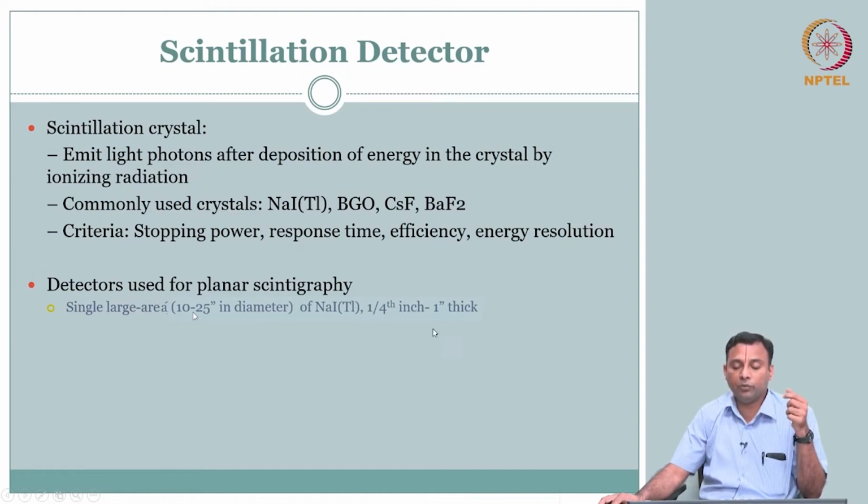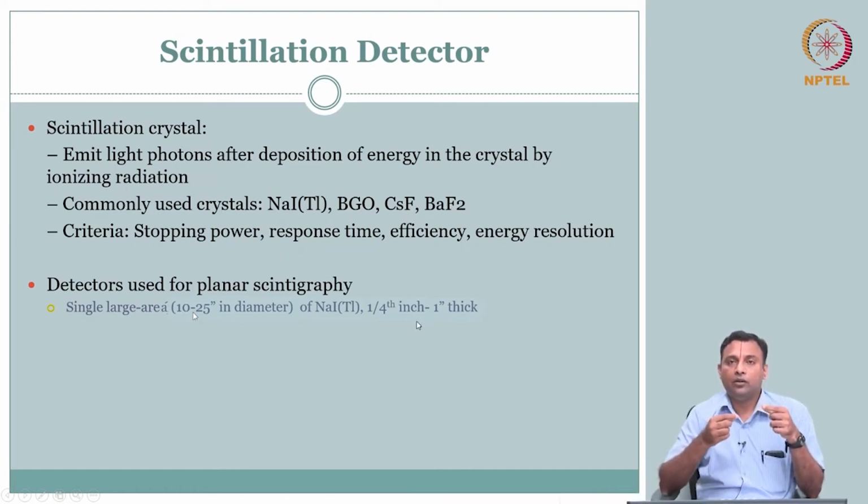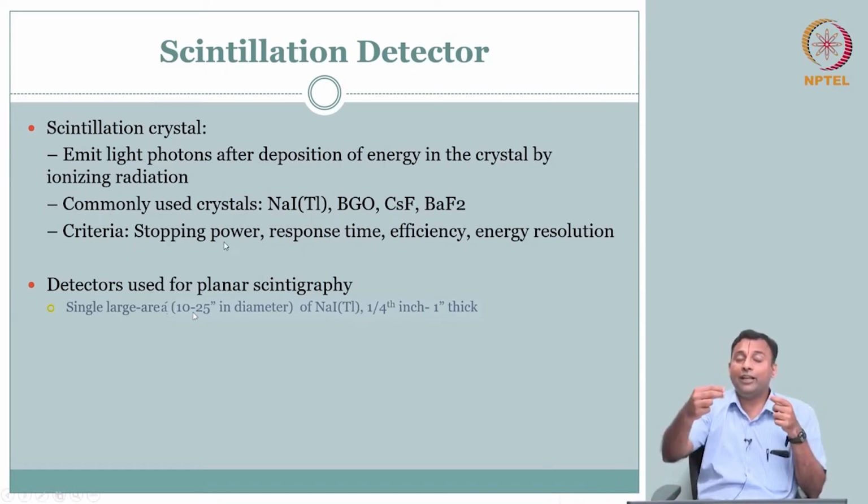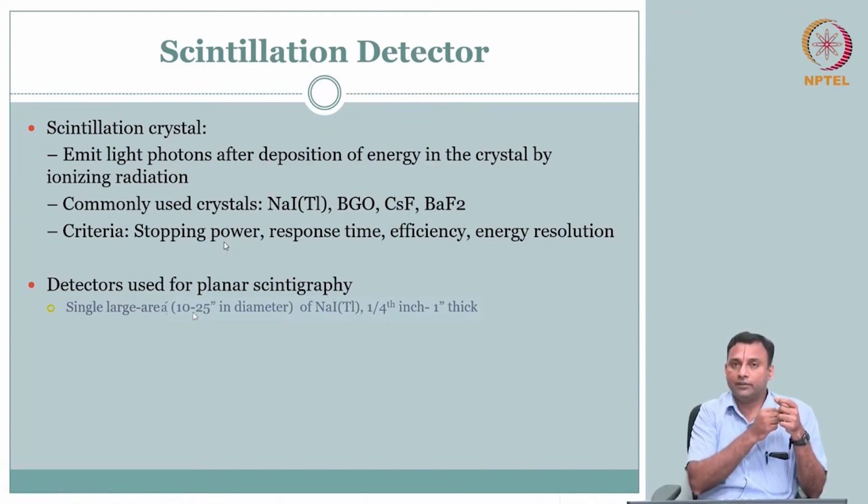Clearly you know why this thickness is an important parameter: you need to have stopping power. You need the gamma rays to have time to interact and convert gamma photons to light photons. And what is the other issue controlled by the thickness? If it is thicker, your resolution is affected, the same thing as here also.